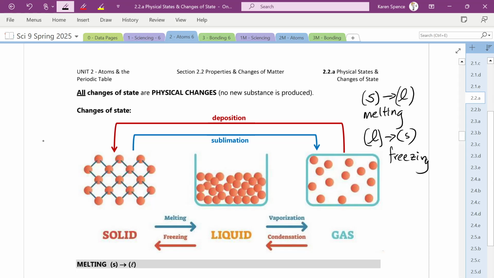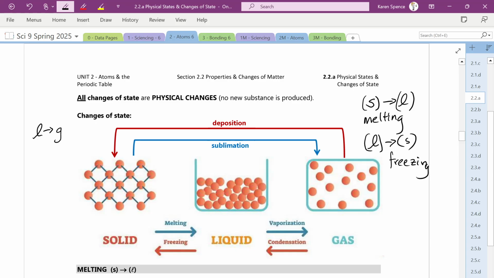What if we go from liquid to gas? Vaporizing or evaporating?